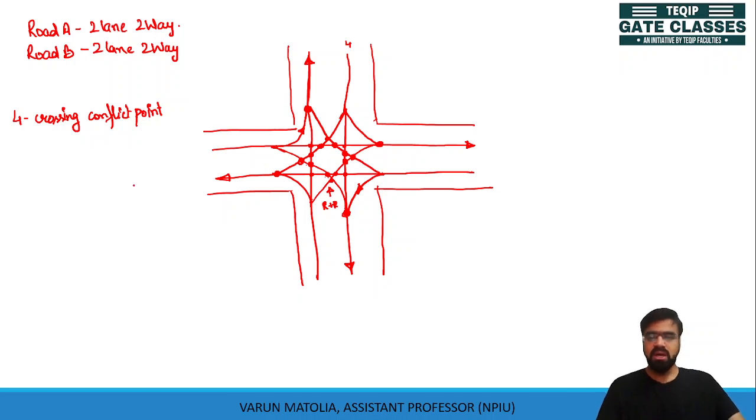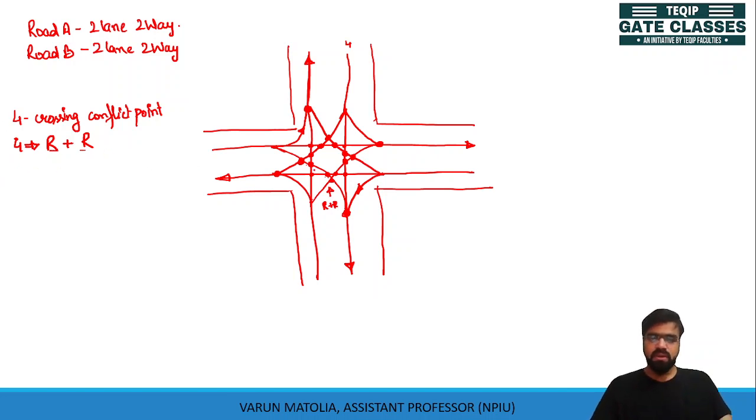So all in all, we have 4 conflict points where right turning traffic is crossing another right turning traffic. What 4? This 1, this 2, this 3, this 4. Okay, so we have 4 traffic operations or 4 conflict points where right turning traffic is meeting with another right turning traffic.